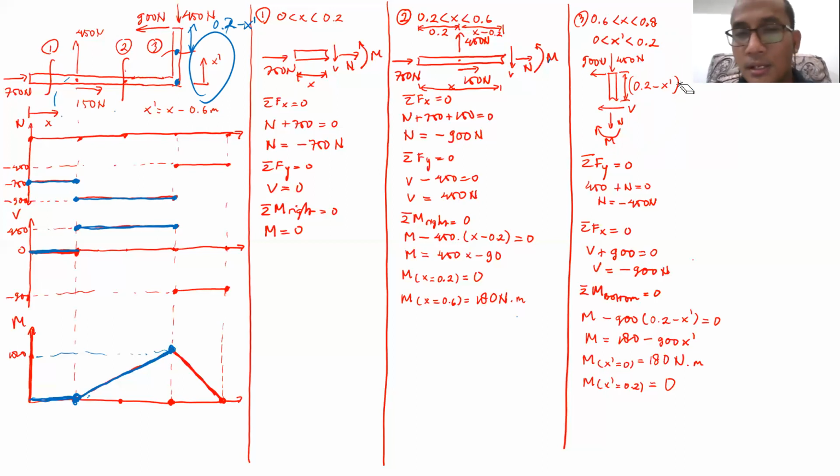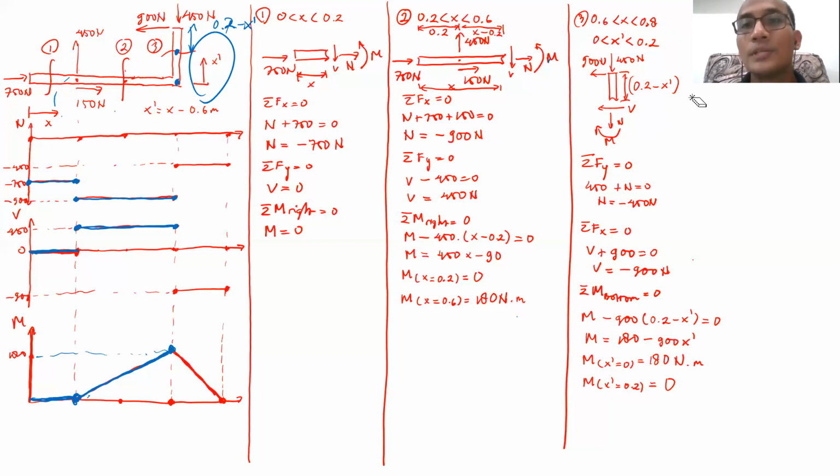Then I draw all the positive signs for V, N, and M, because the positive direction is going like that. My V positive will be like this, going to the left. My moment positive will be like this. The normal force, as usual, is always going outwards.